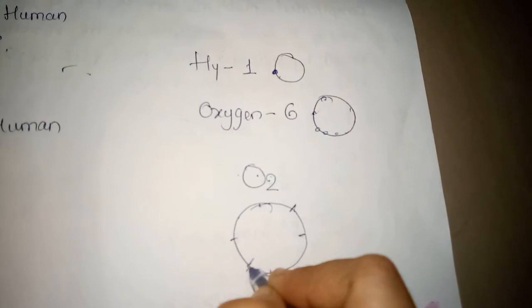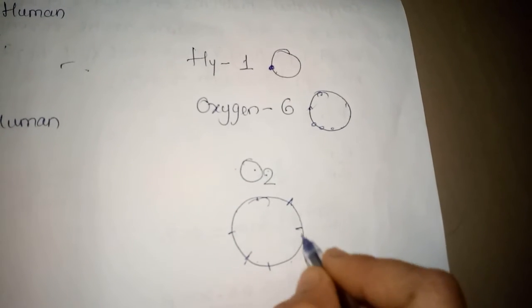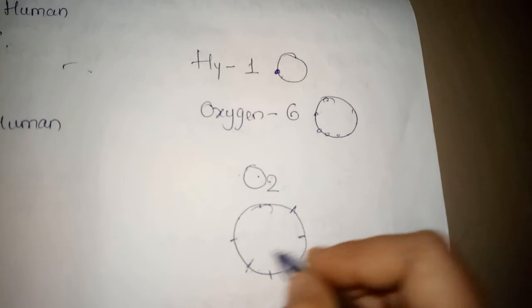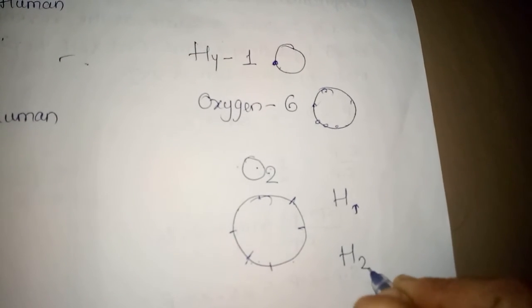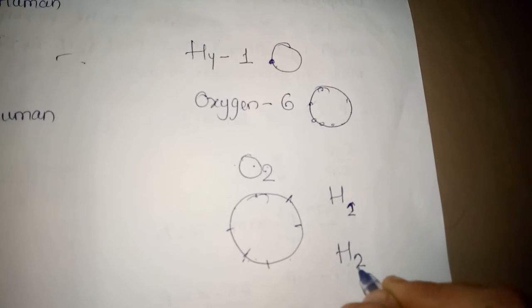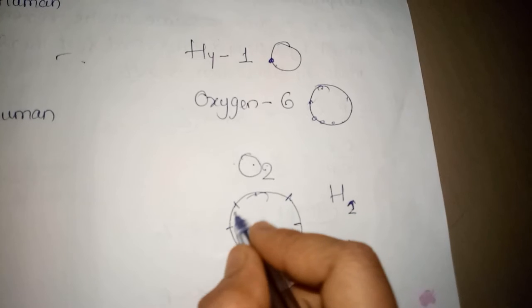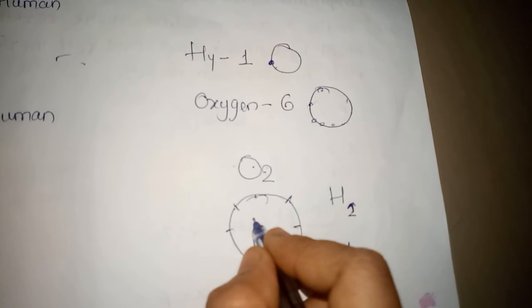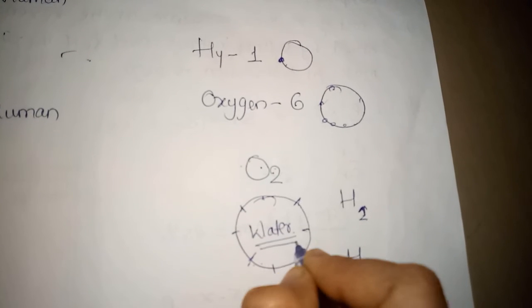It requires only 2 to complete the outermost orbit. Hence, we require 2 hydrogen atoms, so that this valency and the second hydrogen atom's valency can complete the orbit to 8, and then it is formed as water. So this is how a compound is formed.